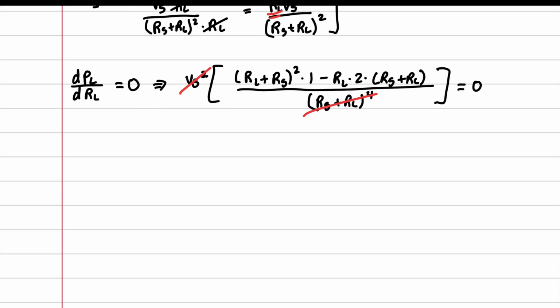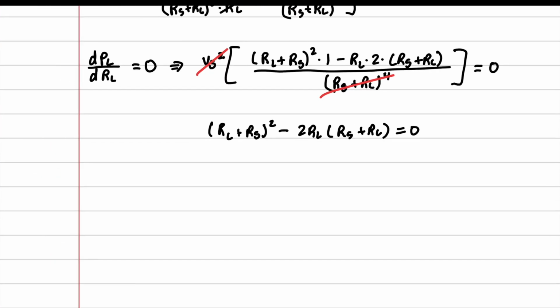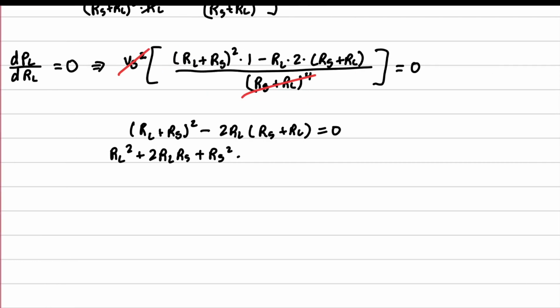And we are left with RL plus RS squared minus 2RL RS plus RL equals 0. Expand this out. RL squared plus 2RL RS plus RS squared minus 2RL RS minus RL squared equals 0.